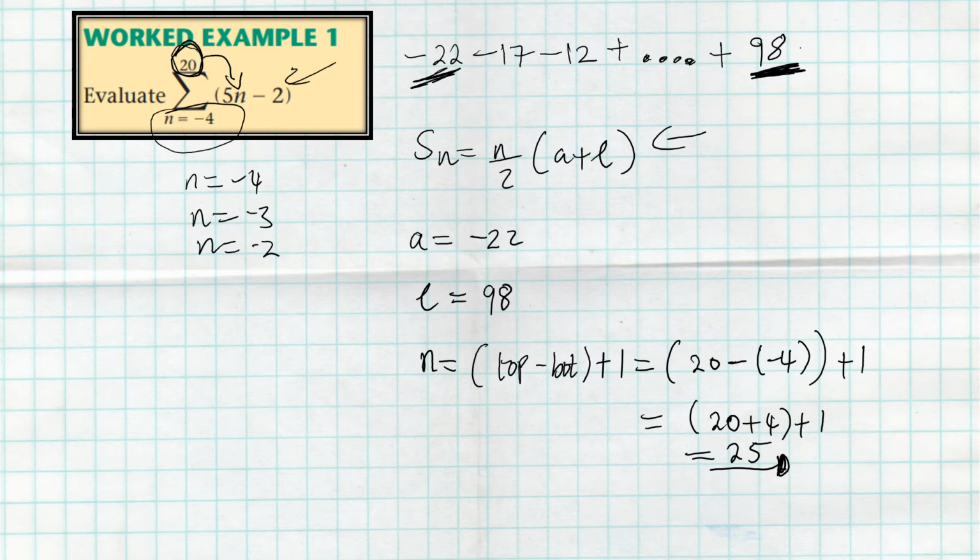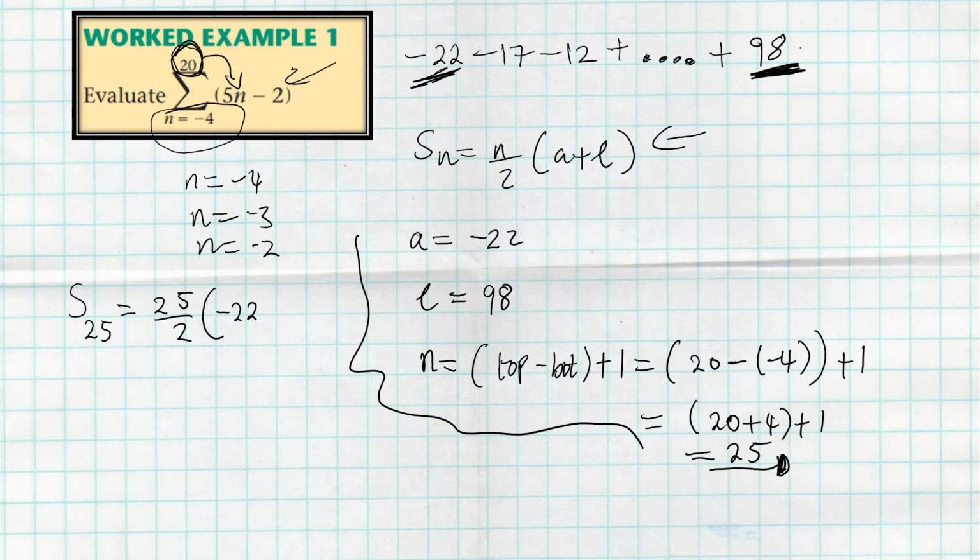Now I can quickly calculate the sum, or evaluate this sigma. It's the sum of 25 terms, so where there is n, it's 25 over 2. What is our a? Our a is our first term, minus 22, plus our last term, 98. Then we can get the answer for the sigma notation, or for the sum.